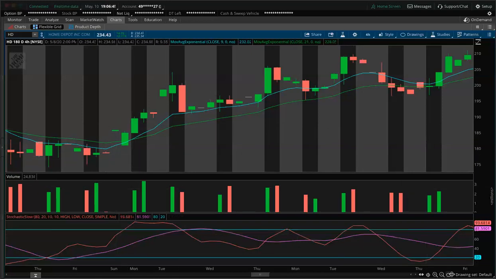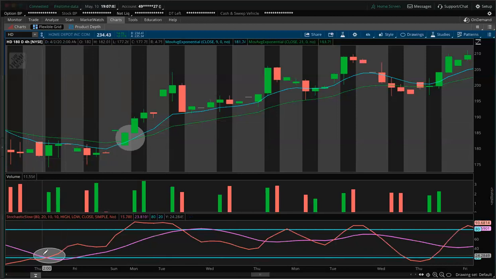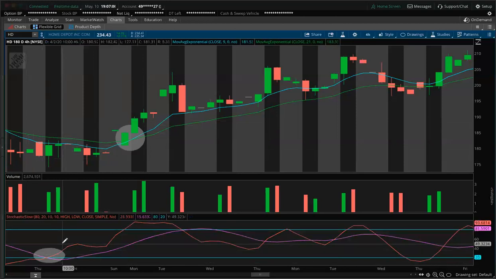If I'm using the strategy, I want to wait for the stochastics slow to cross first, before the EMA does. If you didn't know, what stochastics do is determine momentum. So when this crosses up, it generally tells you that the buying momentum is increasing.